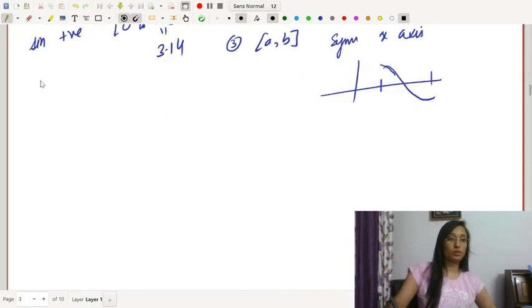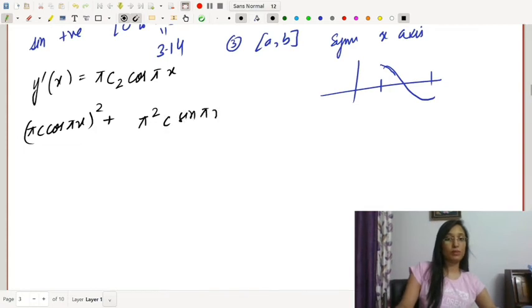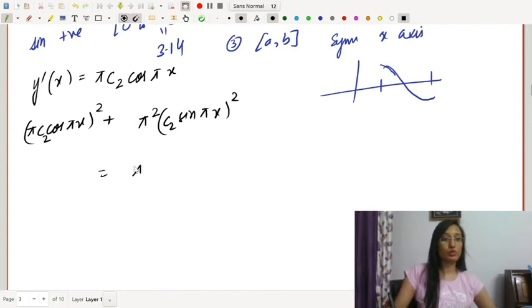Now let's find the equation. y dash of x would be pi c2 cos pi x, and if we put it in option B, we get (pi c2 cos pi x) whole square plus pi square (c2 sin pi x) square, that is y square, which in turn is equal to pi square c2 square (cos square pi x plus sin square pi x), which is 1.